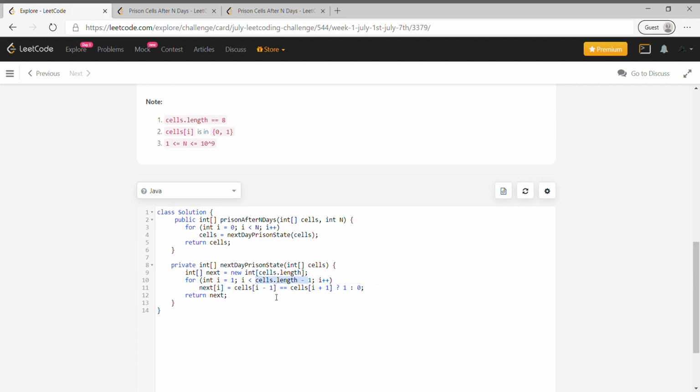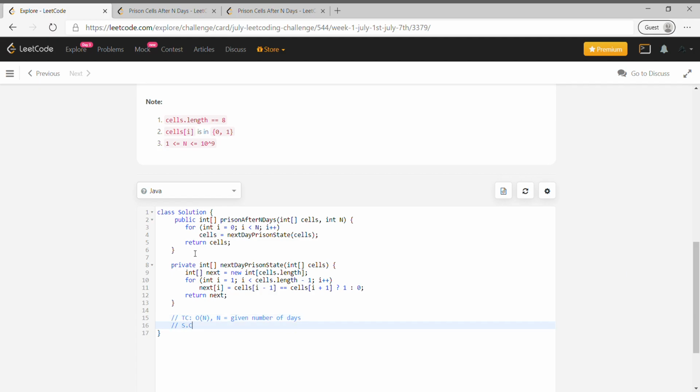And we will repeat the same process n number of times, because we want to find the state after n number of days, right? Okay, so this way the time complexity would be linear, big O of n, where n is the given number of days, right?